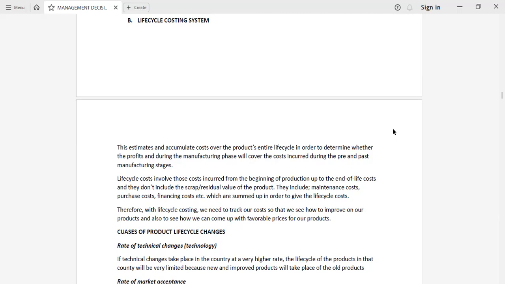Maybe you have put in 10 tons of raw materials and you are expecting five tons of output from the first phase.